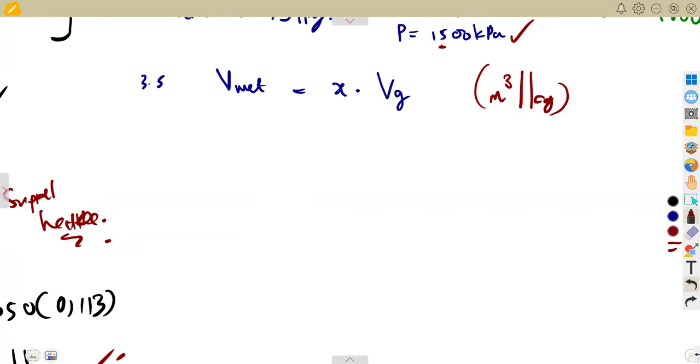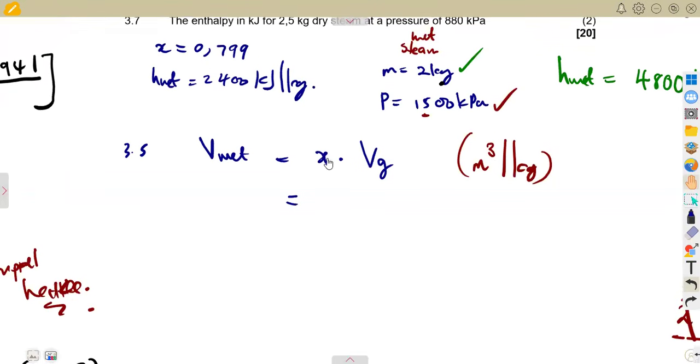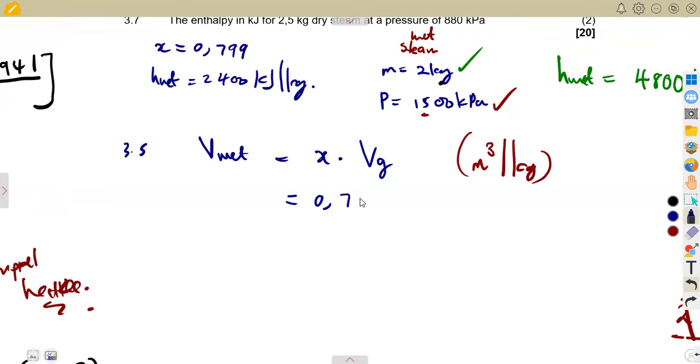So meaning to say, the moment we multiply this by the mass, it is going to be like this. Let me just put it this way. So this is going to be the dryness fraction. We have it. What was the answer there? I erased. Okay, this is the one here. Sorry, guys, I erased some of these values. 0.797 times Vg.